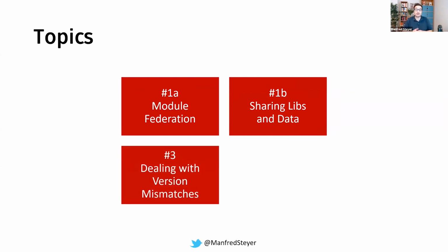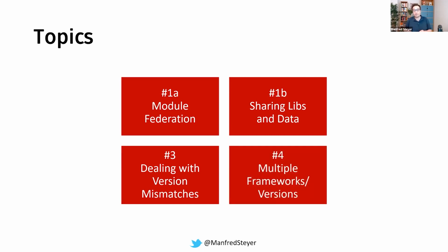Obviously, if we share libraries, we will have a version mismatch. This part might need version 10 of a library, that part might need version 11 of a library, and then somehow we need to resolve this conflict. And last but not least, I will talk about combining multiple frameworks and multiple framework versions, something like mixing and matching Angular with React and Vue.